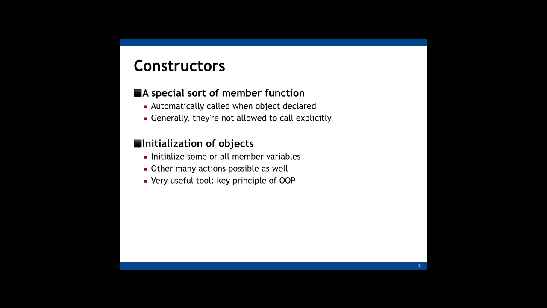And because it is always automatically called when an object is being created, the constructor is a very good place where you initialize member variables of the objects. And because they are called automatically, in general, you cannot call a constructor explicitly.